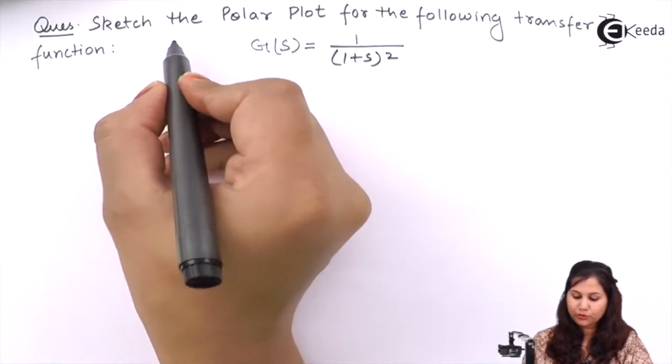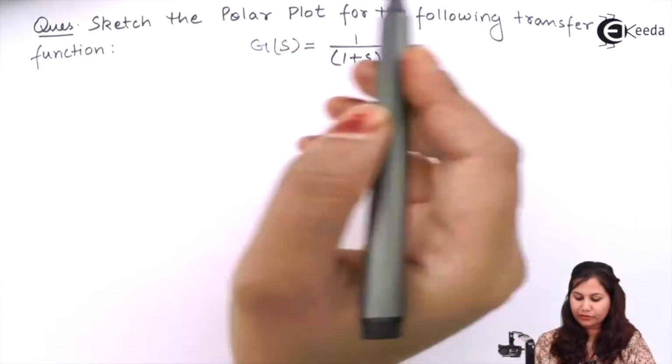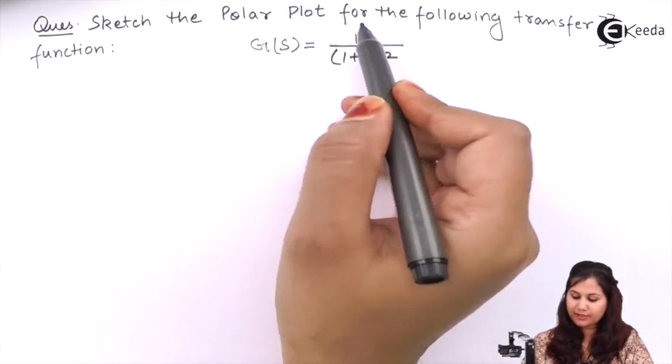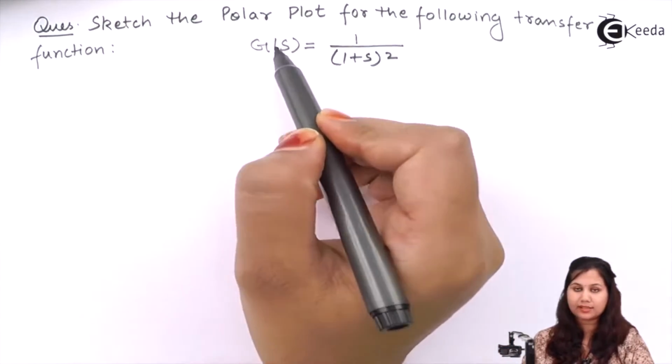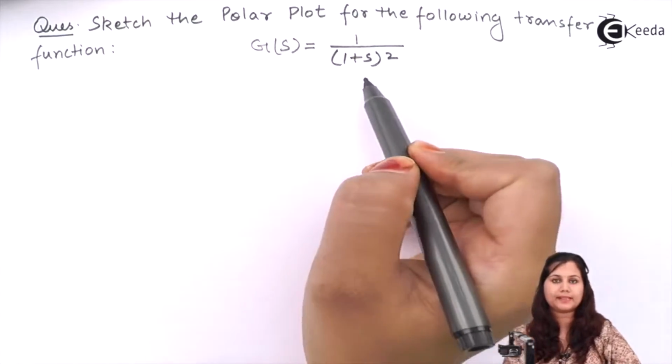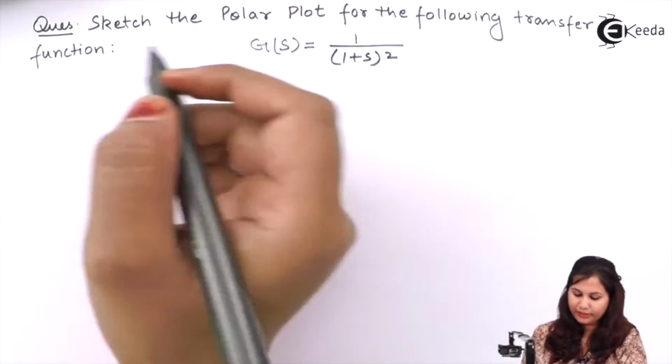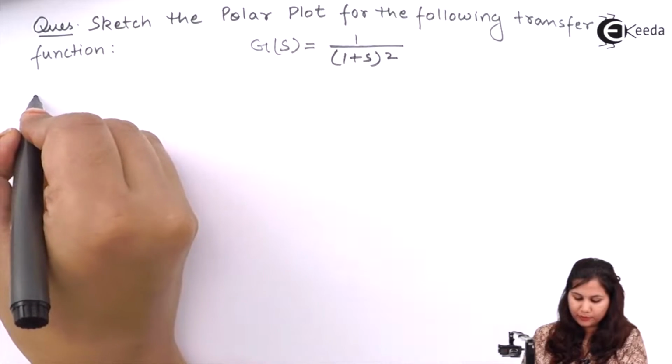Our problem is to sketch the polar plot for the following transfer function, and the transfer function is given to us as G(s) equals 1 upon (1 plus s) whole square. So let's try to solve this problem.